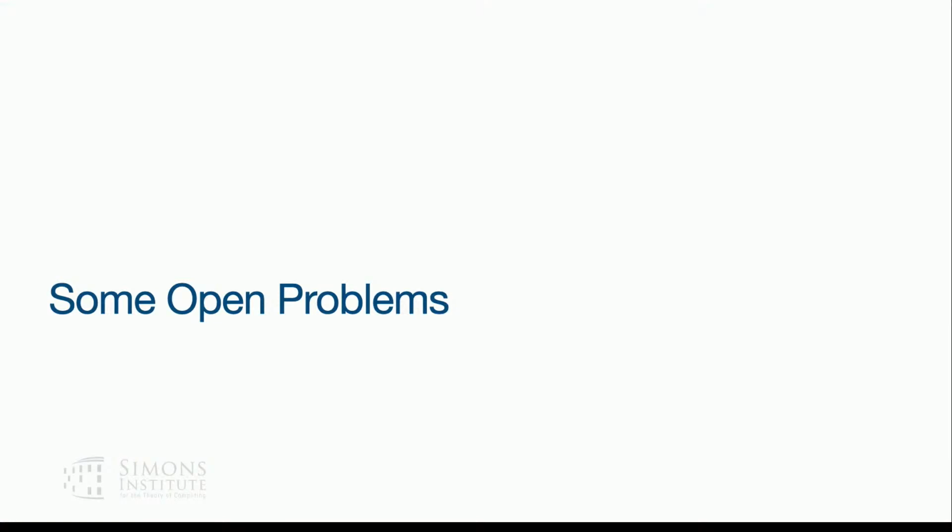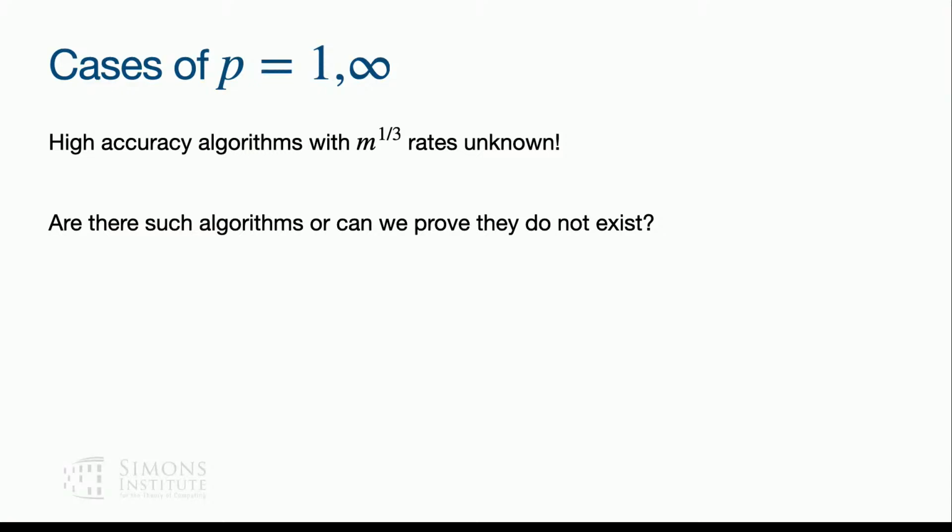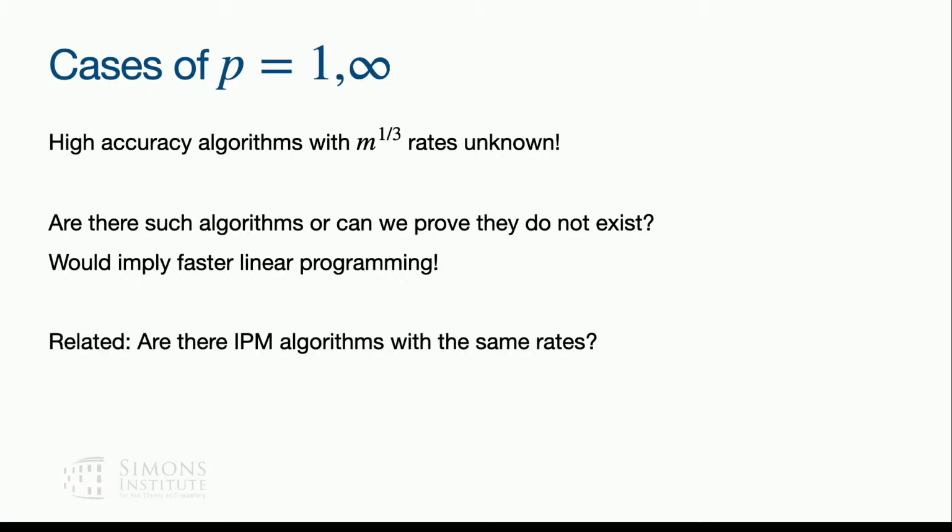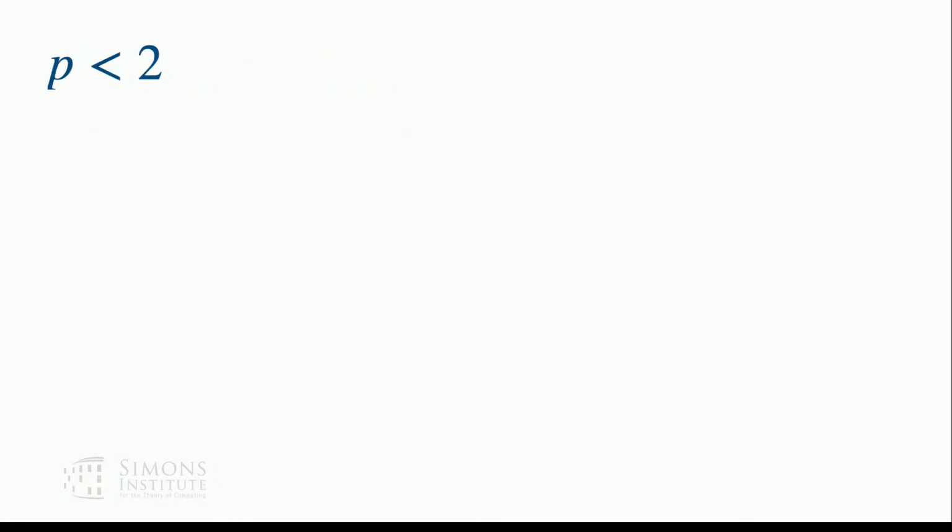Okay, good. So some natural open problems. It's always open to figure out whether for p=1 and infinity, you can do high accuracy with m to the 1/3, or show that it doesn't exist. This would directly imply faster linear programming. Even beyond p=1 and infinity, it's open to directly give m to the 1/3 rates for p less than 2.